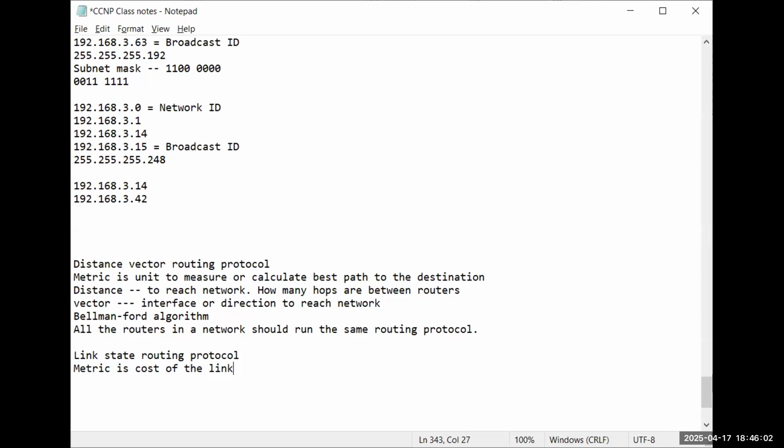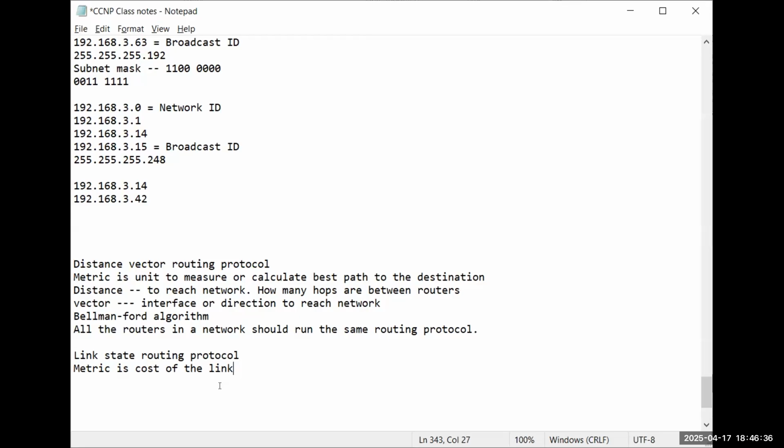Apart from the networks and IP ranges they have, they are going to share the link state of the directly connected network, meaning each of the link interfaces: is it a serial link, a VLAN link, or a point-to-point link? Anything for that matter is also being captured.